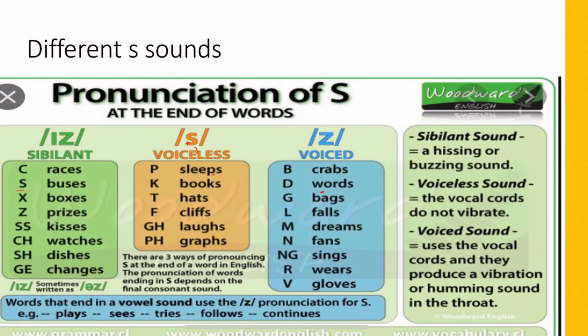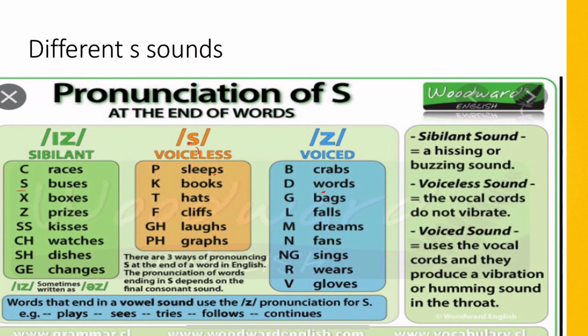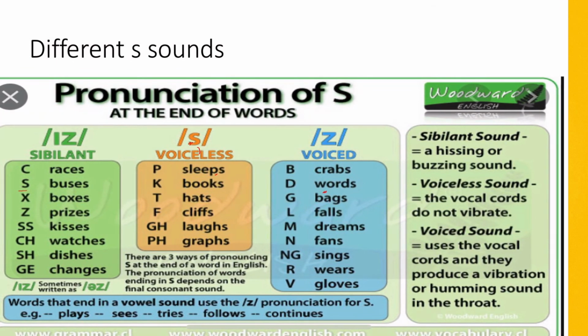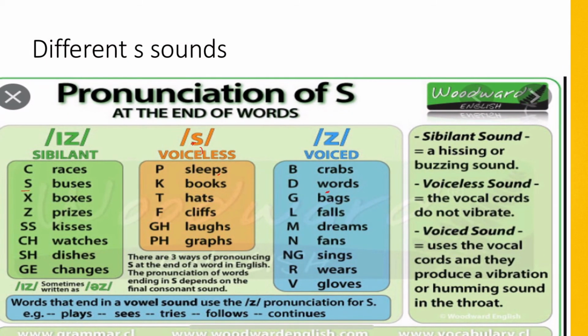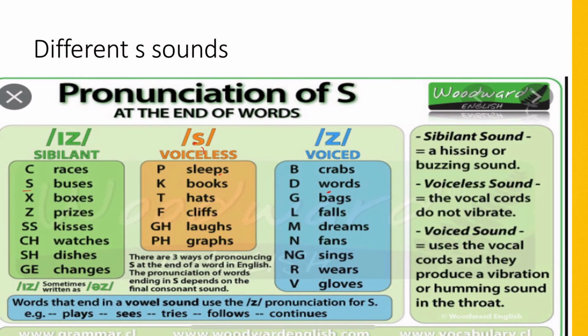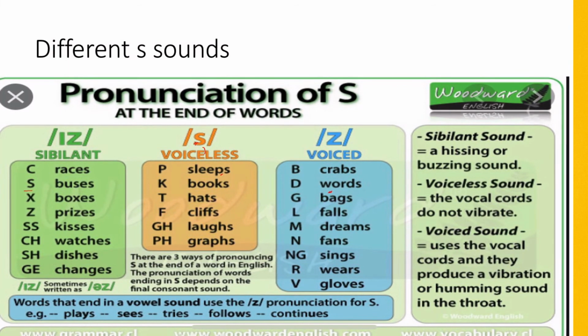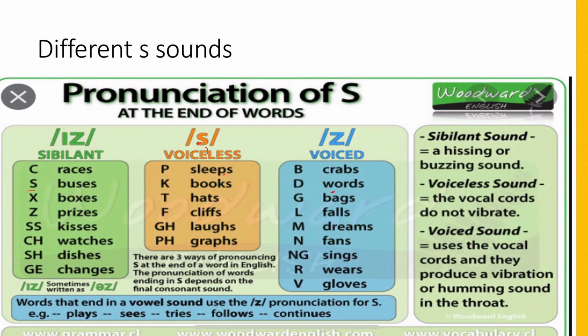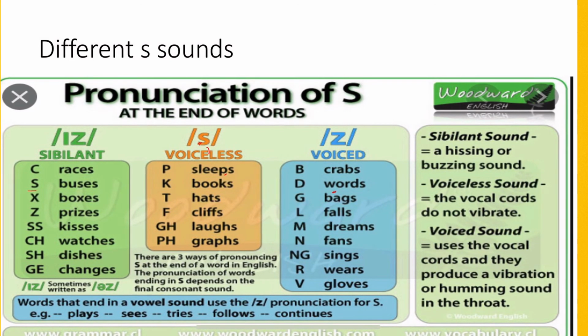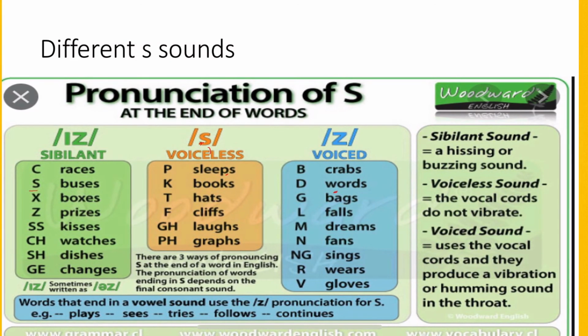There are 3 different S sounds. The first one is S. The second one is Z. The third one is iz. Examples with iz: races, buses, boxes, prizes, watches, dishes, changes.